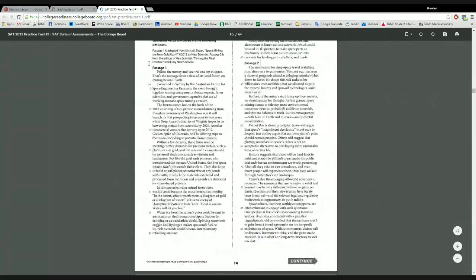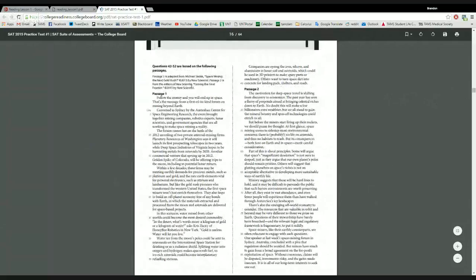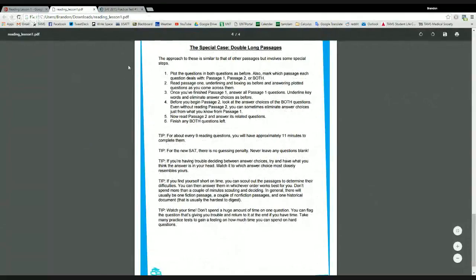And it would be here in this test. As you can see, it's marked passage 1 and passage 2. So we're going to look at a few tips on this. The approach to this is similar to that of other passages, but involves some special steps.